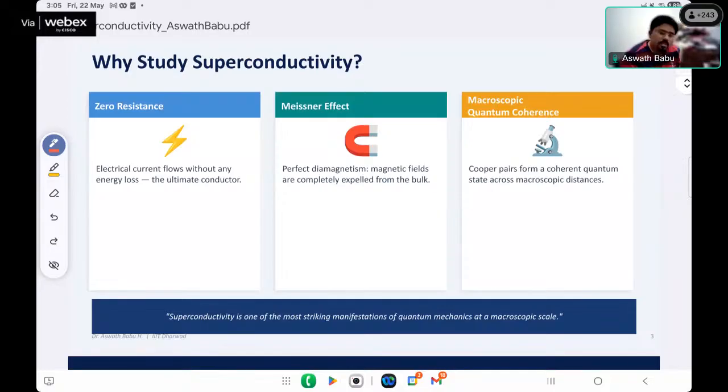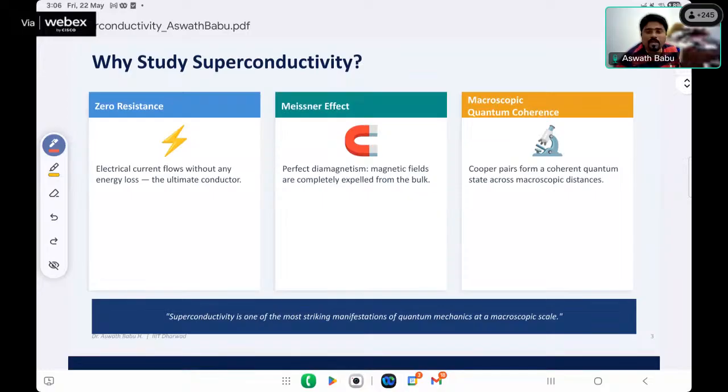And there is an interesting effect called the Meissner effect, where perfect diamagnetism is shown. Like last time when I discussed diamagnetic materials, which oppose any external magnetic field. It's like north and south poles repelling each other in a similar fashion.